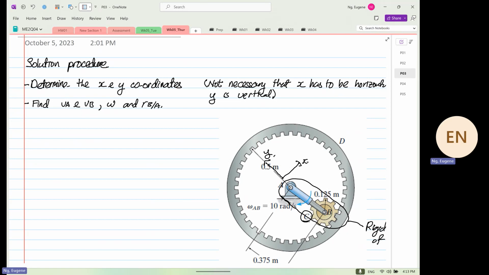From here, we are going to use the velocity equation.